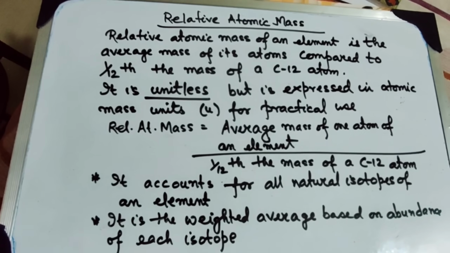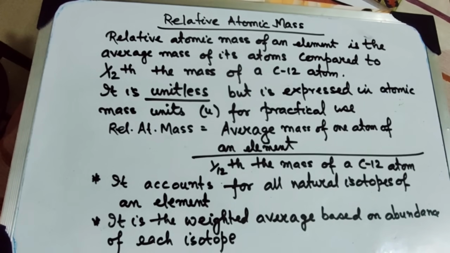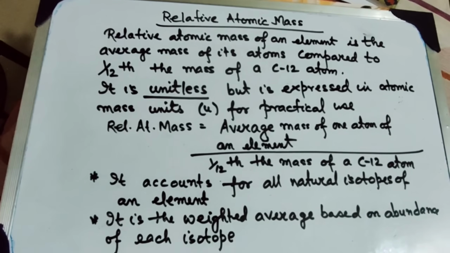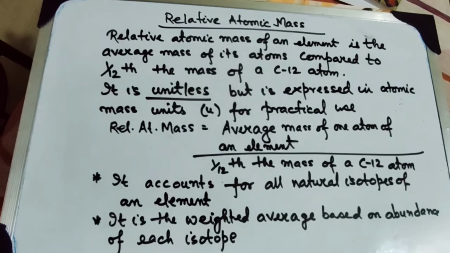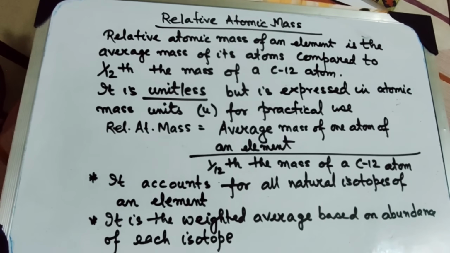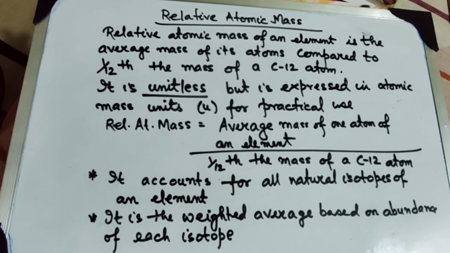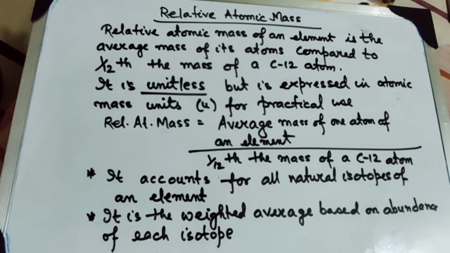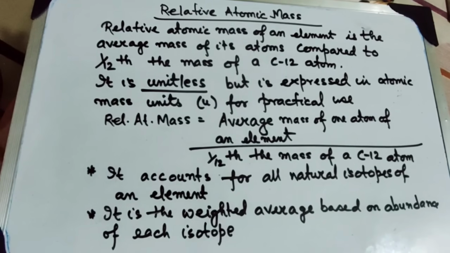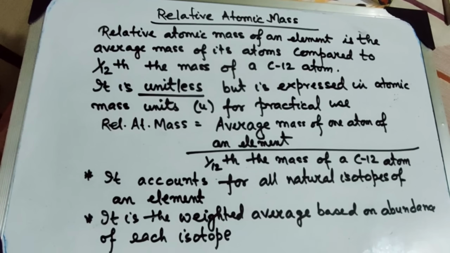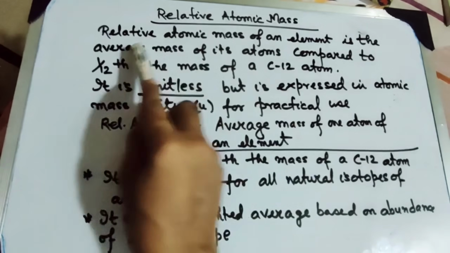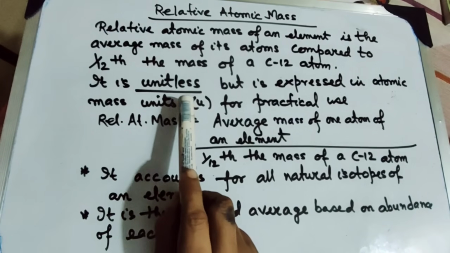Now relative atomic mass of an element is its comparison, that is the average mass of its atoms compared to 1/12 the mass of C12 atom. Now the exact mass of C12 atom is taken as 12 U. Since it is relative, it's unitless.